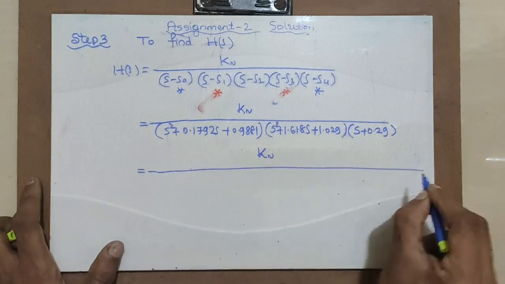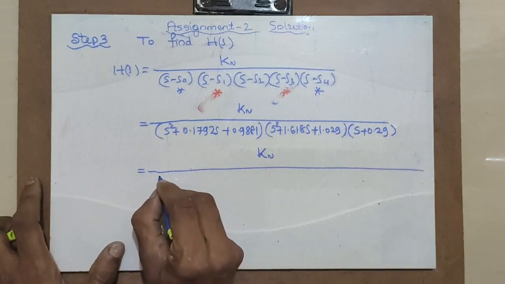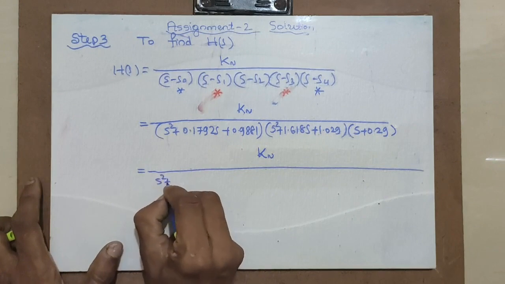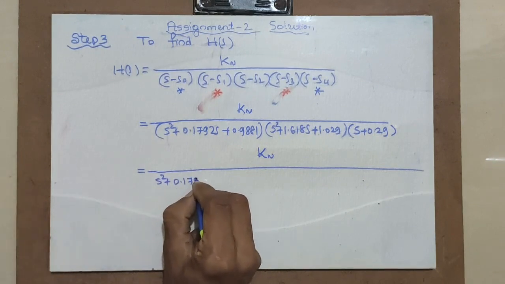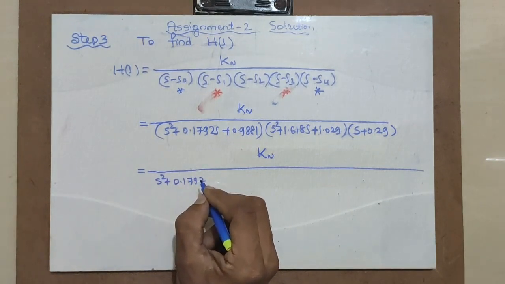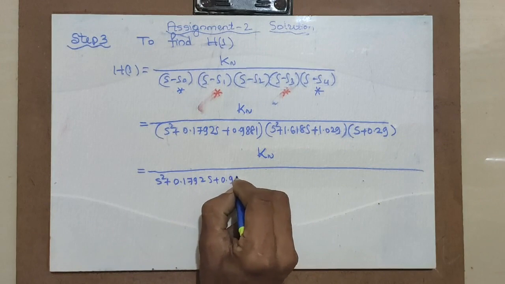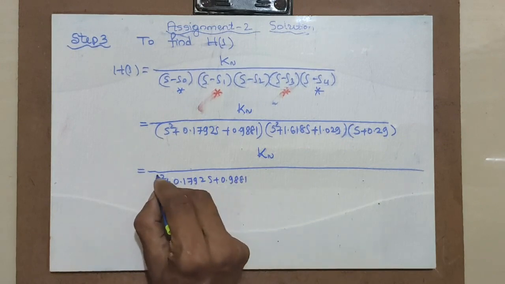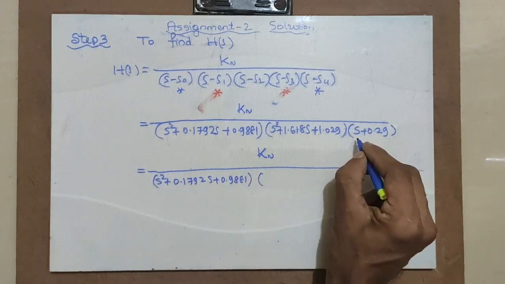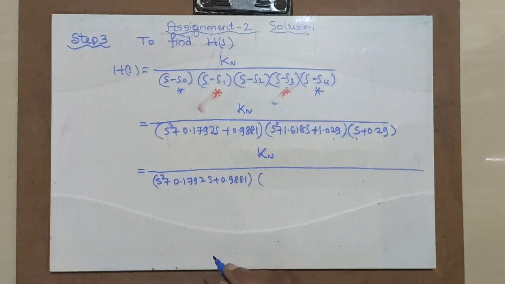Kn into s square plus 0.1792s plus 0.9881, multiplied by this and this I will do first.